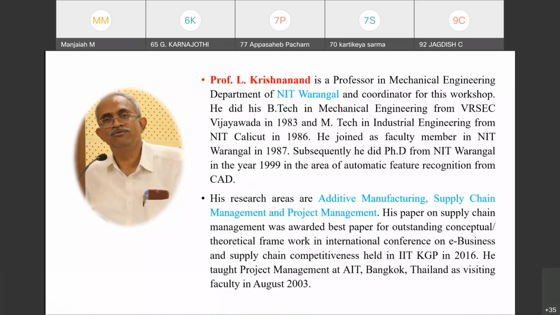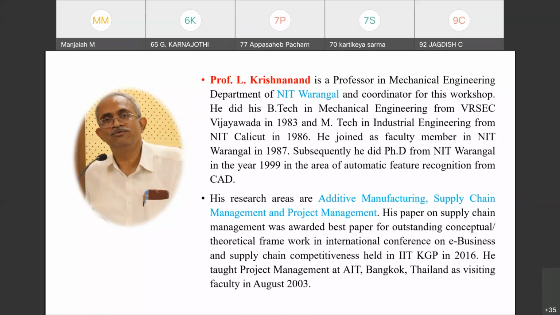Here we are having our next speaker, Professor L Krishnanand sir. He is a professor in the Department of Mechanical Engineering at NIT Warangal and he is coordinator for this workshop also. Professor did BTech in Mechanical Engineering from VRSE Vijayawada in 1983 and MTech in Industrial Engineering from NIT Calicut in 1986.